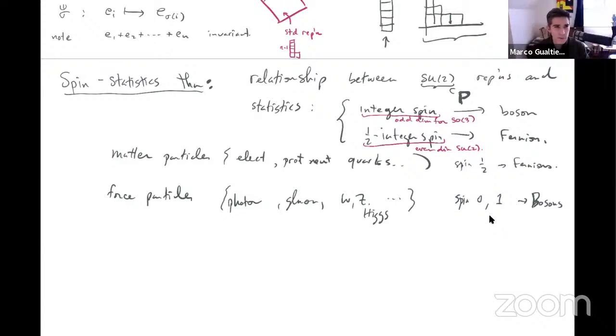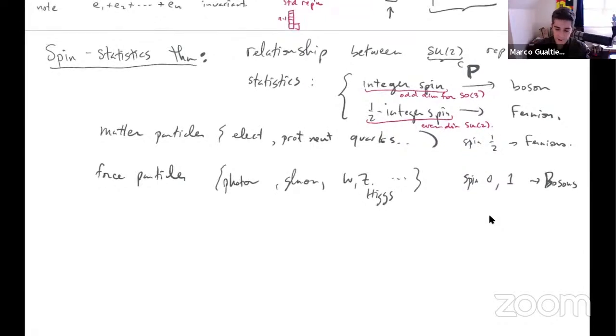The SU2 that I'm talking about is really the SU2 of the rotations of three-dimensional space. So the idea is that if you have a particle or a system that behaves under rotations as a spin 1/2 particle, then it will behave as a fermion when we start to accumulate more than one of these particles. So anyway, that's the spin statistics theorem.